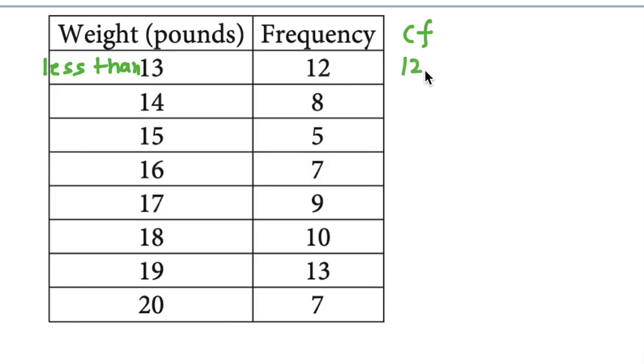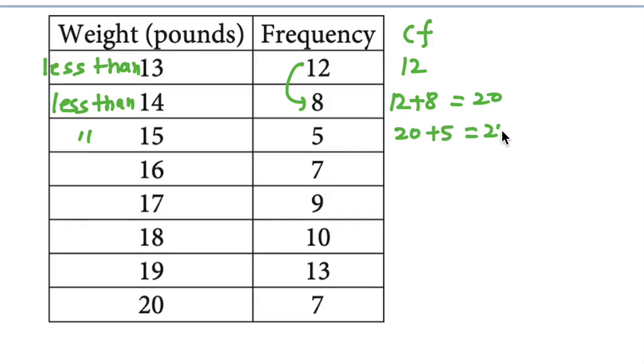That is the 12 of frequency. How many are less than 14? If I say less than 14, this and this, both numbers will be included. So that will be 12 plus 8, 20. How many are less than 15? 20 are already there, so I'll just add 5 to it. That will be 25.